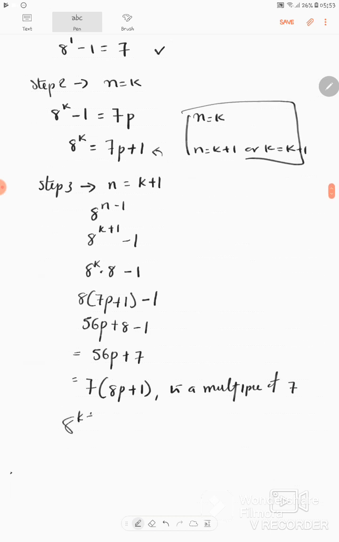Therefore, 8 raised to the power k plus 1 minus 1 equals 7 times 8p plus 1, that is a multiple of 7.